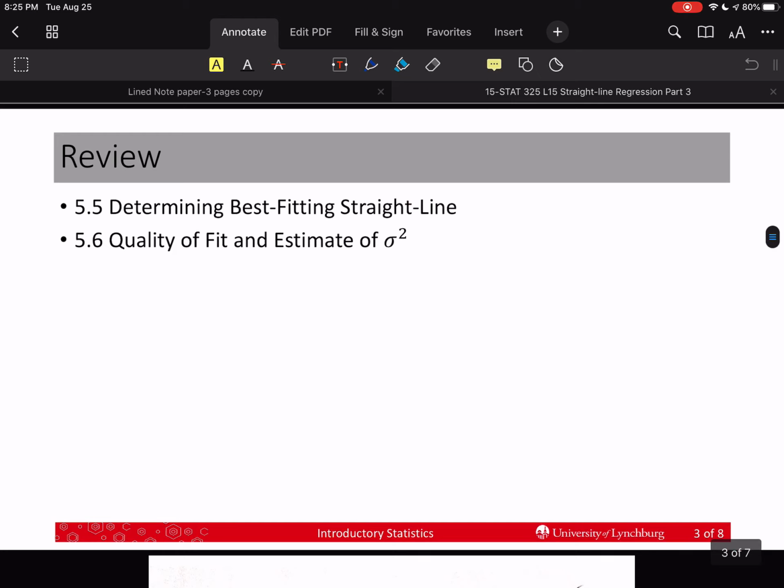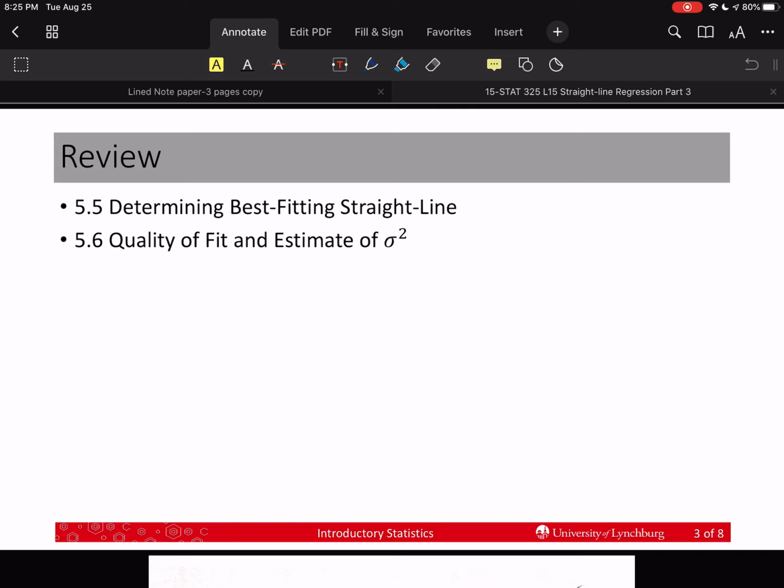Before we go, let's review what we did last time. Last time we talked about the best fitting straight line, and we discussed the least squares method and the fact that the least squares method means that the sum of squares of error is the minimum that it can be. So the choices of beta naught hat and beta 1 hat are the choices that minimize that sum of square error.